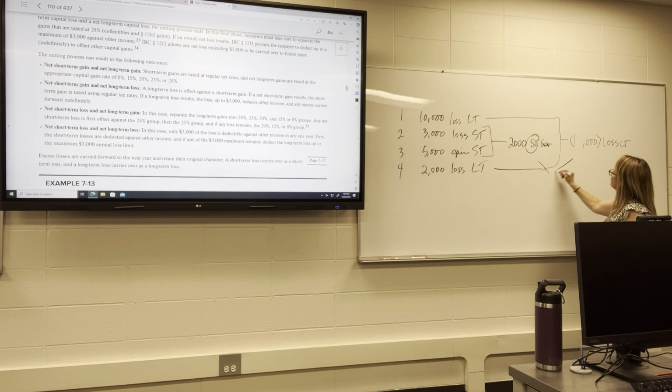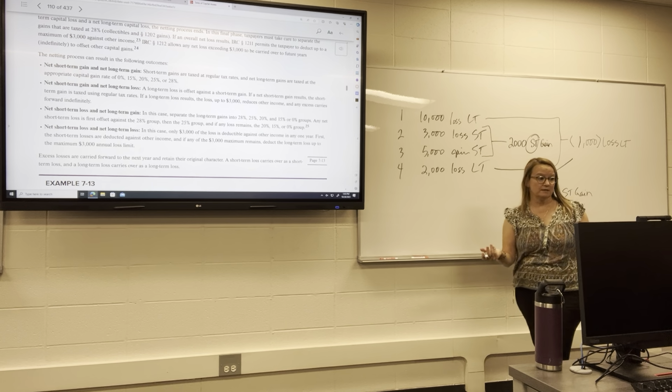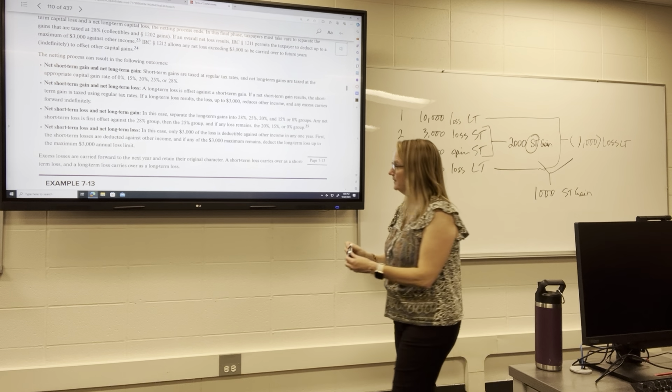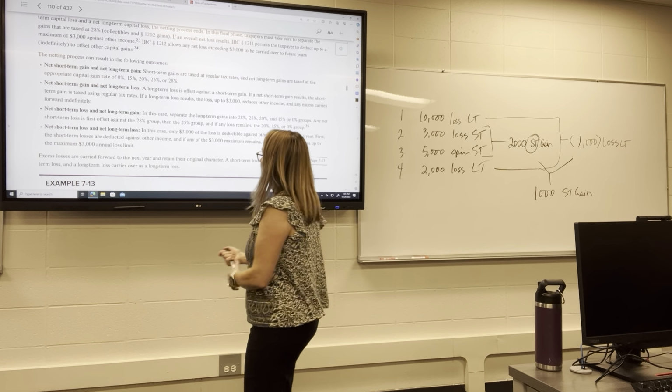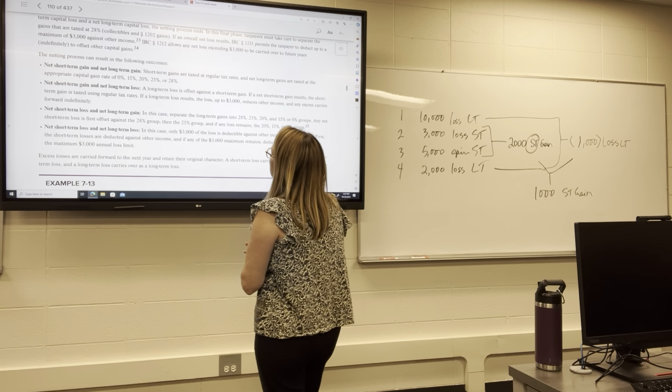We would combine those two. Say we have a $2,000 short-term gain and a $1,000 long-term loss. We would combine them, and we would have a $1,000 short-term gain between the two of them. So that short-term gain is going to be taxed at the regular tax rates, those higher tax rates.